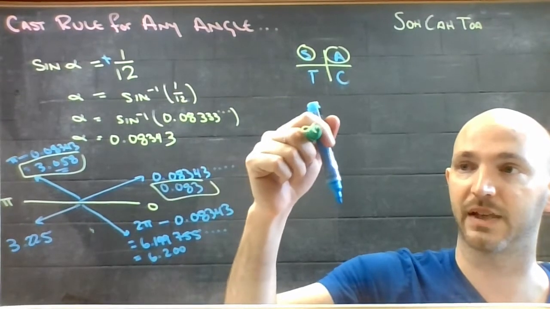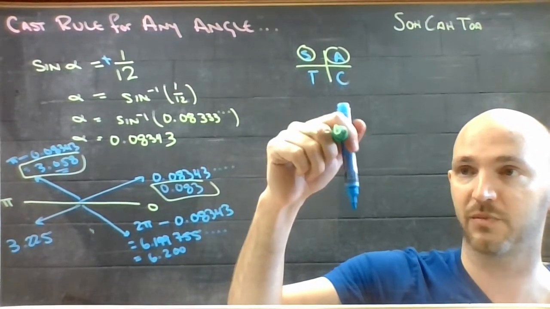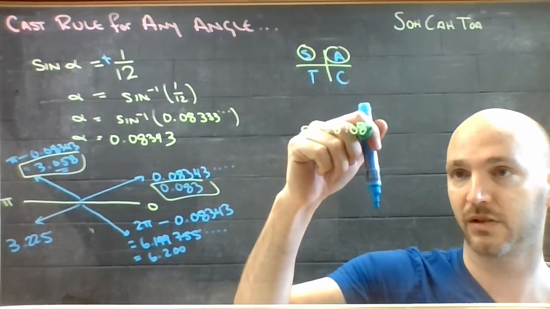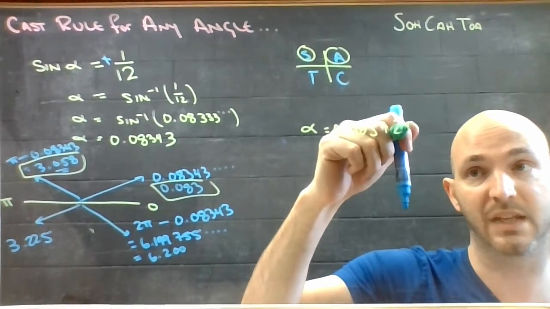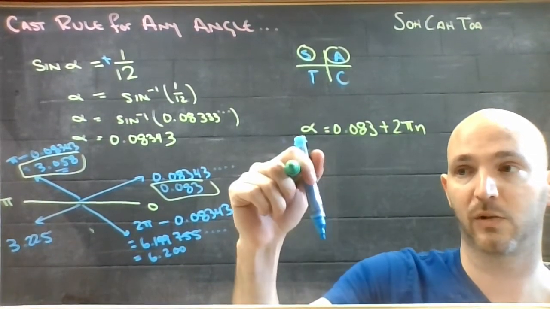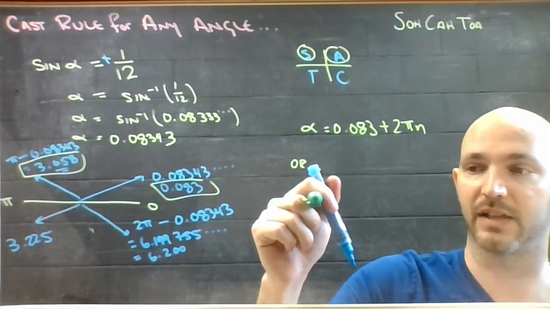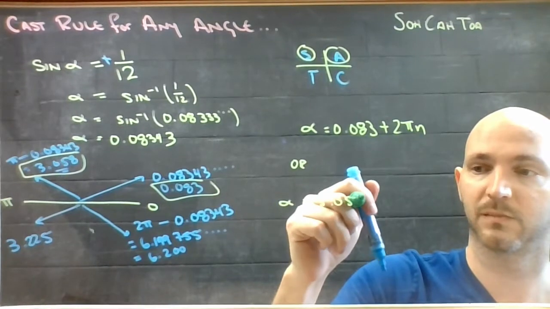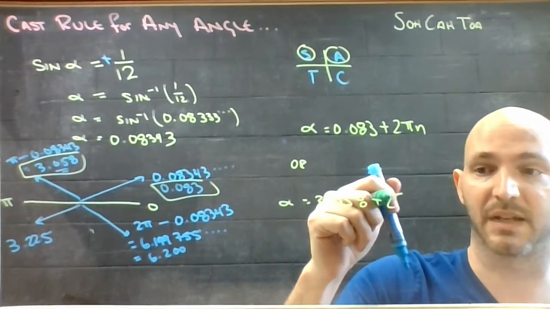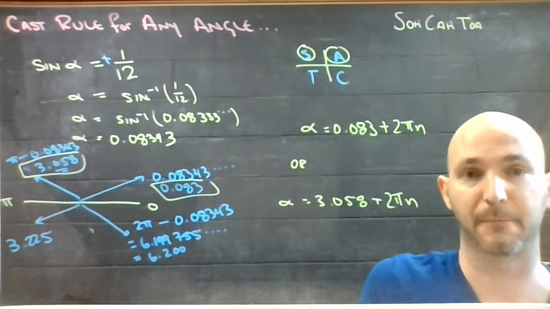So my alpha then would be 0.083 plus as many rotations as I like, or alpha is 3.058 plus as many rotations as I like.